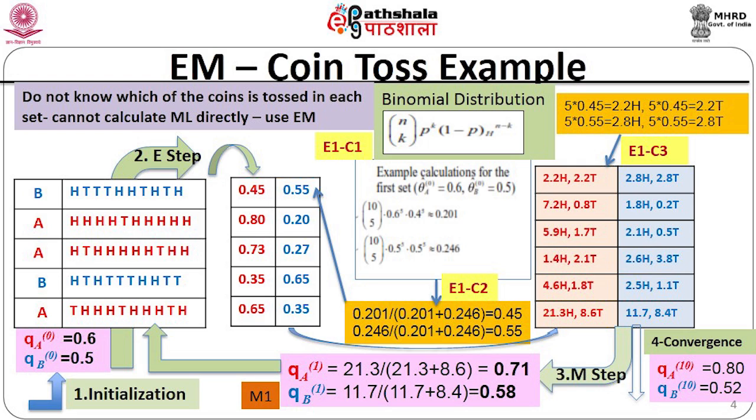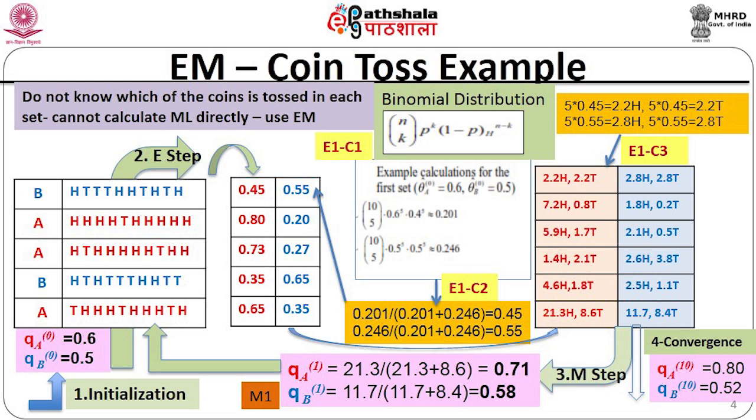But I could as well have chosen a blue. So, it is 0.55 into 5, because it is 5 and 5, and that gives me 2.8. So, I have 2.2 H and 2.2 T, 2.8 H and 2.8 T. This is because the number of heads and the number of tails are 5 and 5 respectively. Like this I will fill it for all the 5 sets.